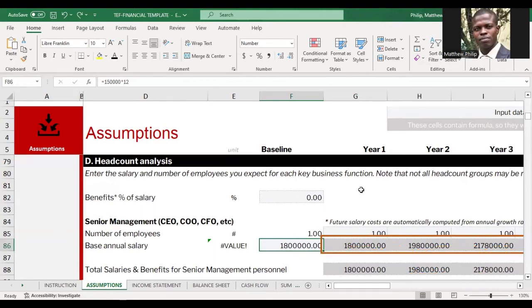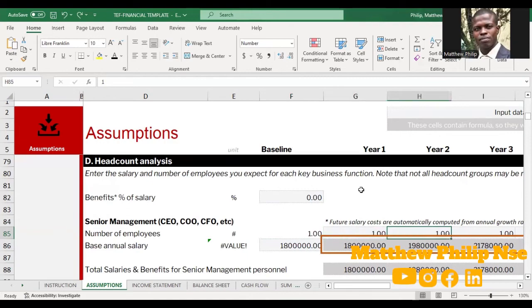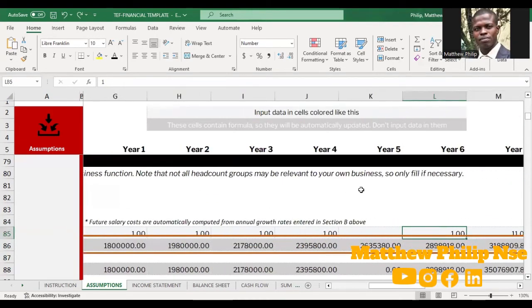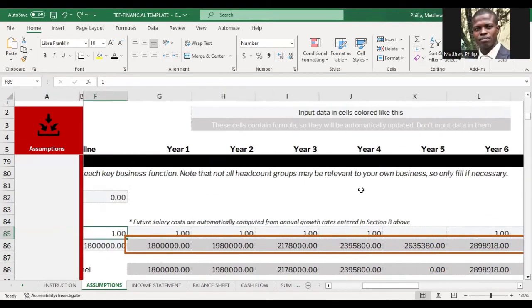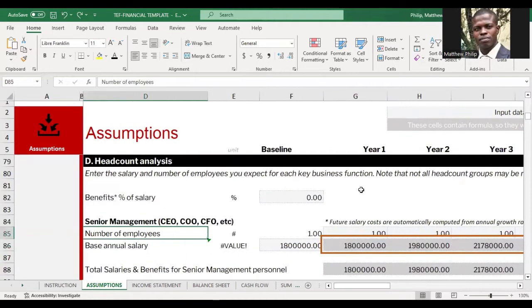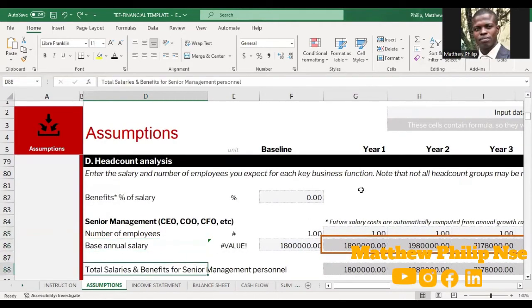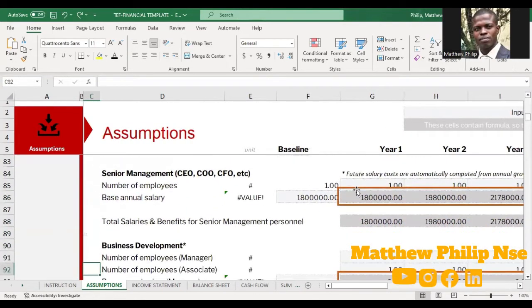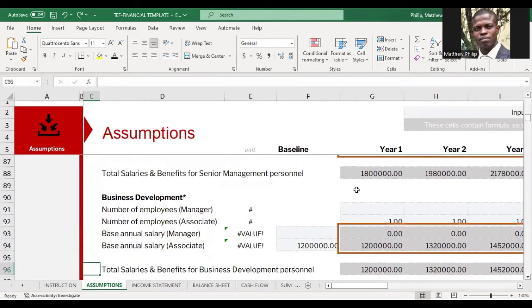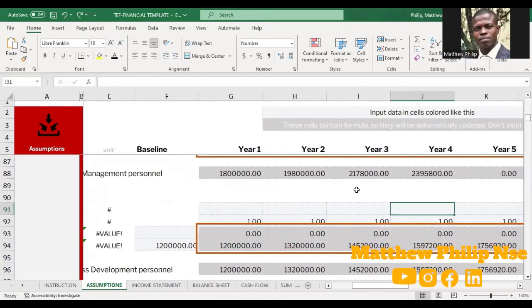So for CEO, senior management staff, we have only one person, and the salary is 1.8 million per annum. So you input the salary here, and don't forget to input how many are day one. So you have to fill them per year. Okay, don't forget that. Then we now move to the next tab. The next personnel is business development. There is no business development manager, so nothing is filled here.